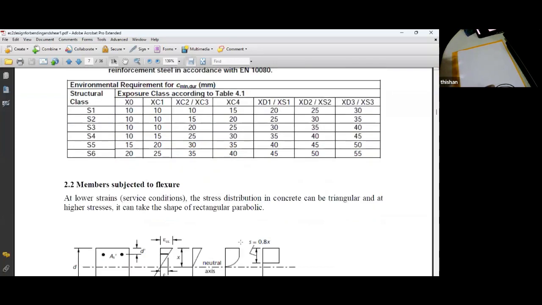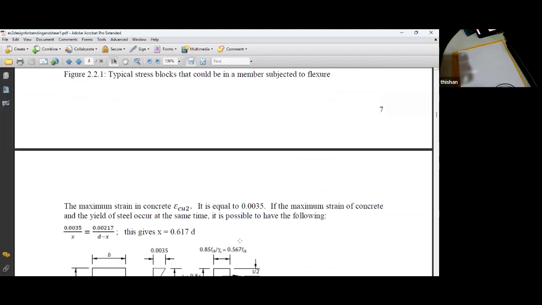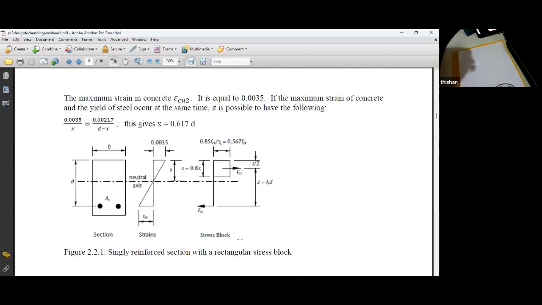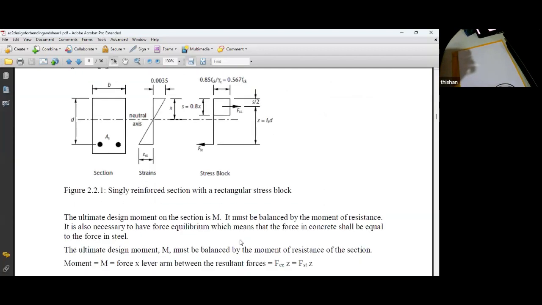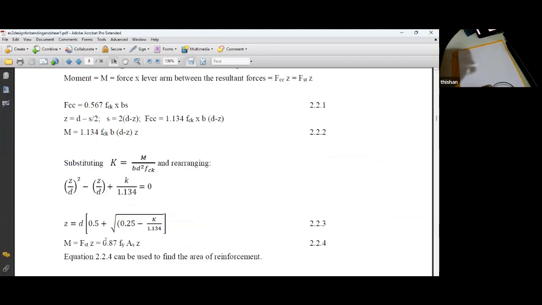Right, now, then we looked at members subjected to flexure, and then I showed you how this happens and how to derive this K factor. K is equal to M over b d squared f_ck, and then use this equation.